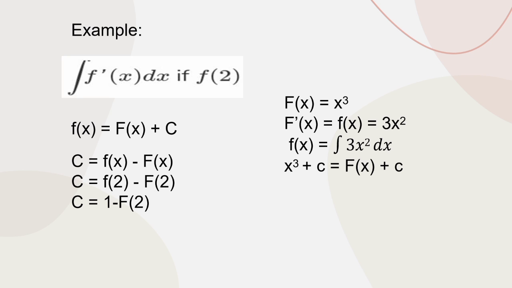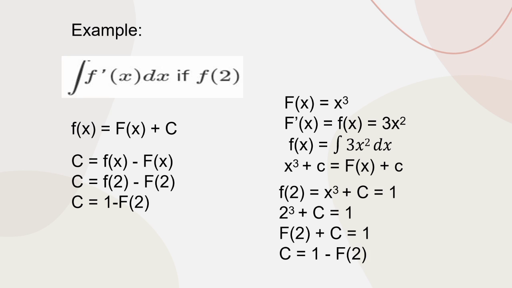Now, substitute the given values. So, f(2) equals x cubed plus c is equal to 1. And then, 2 cubed plus c is equal to 1. So, F(2) plus c is equal to 1, then c is equal to 1 minus F(2). So, our final answer is c equals 1 minus F(2).